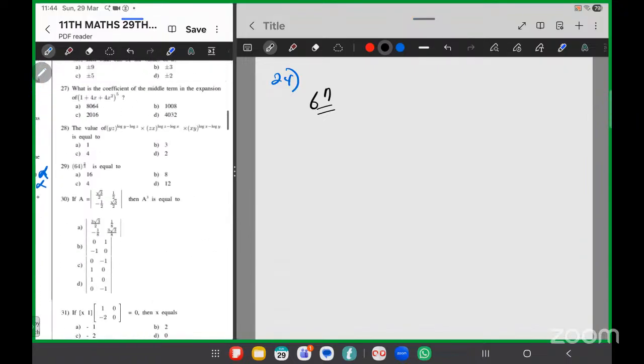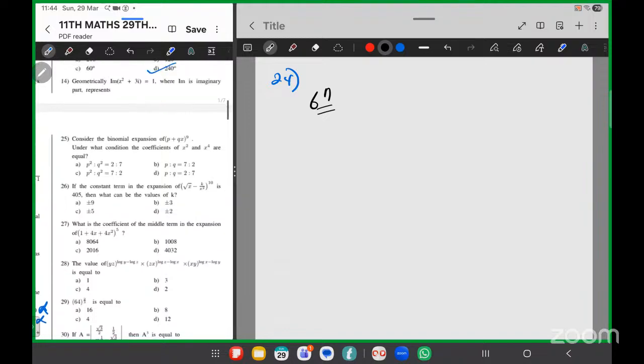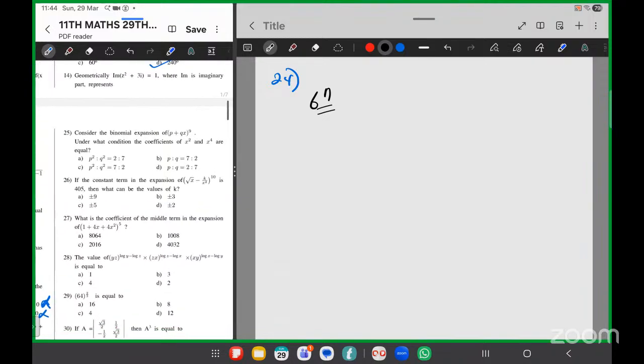Question number 25. Consider the binomial expansion of (p plus qx) raised to 9. Under what condition are the coefficients of x square and x raised to 4 equal? The general term is 9CR p raised to 9 minus r, (qx) raised to r.